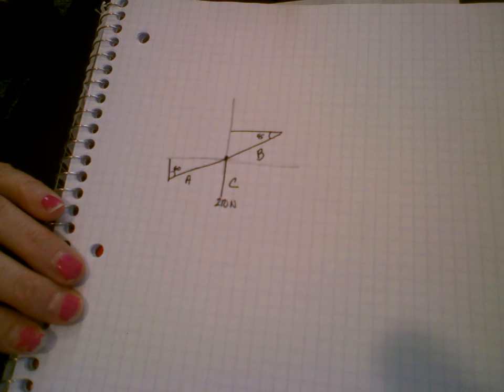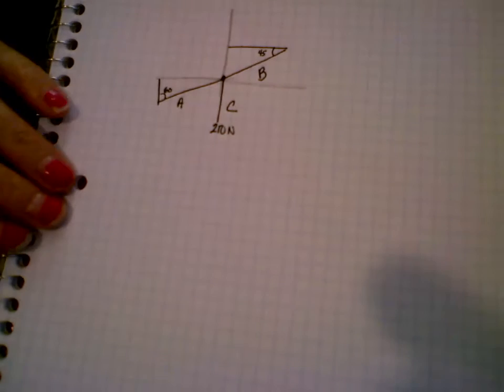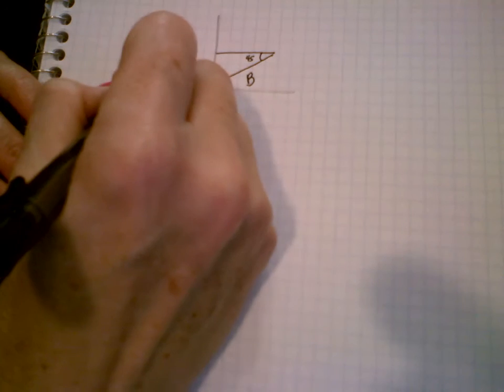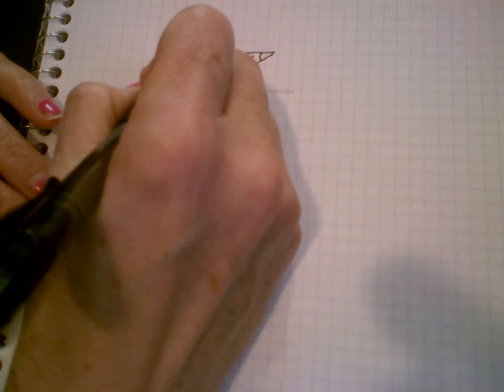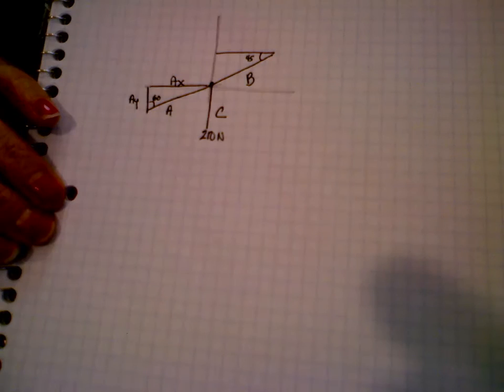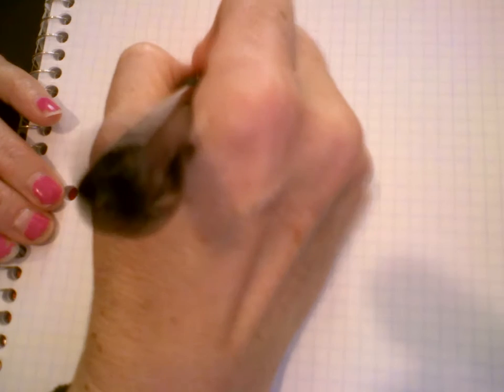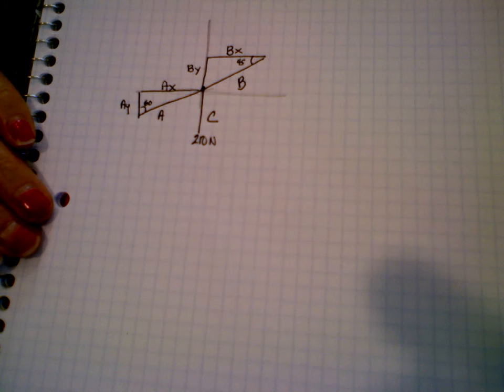And so what we're looking for here, component-wise, is A sub y and A sub x here, and then B sub y and B sub x. This is our first example.